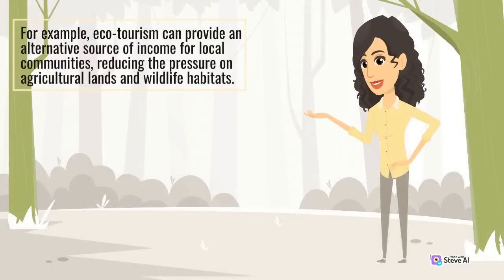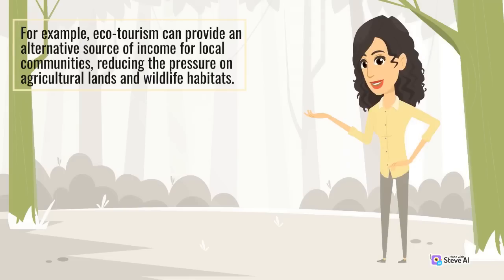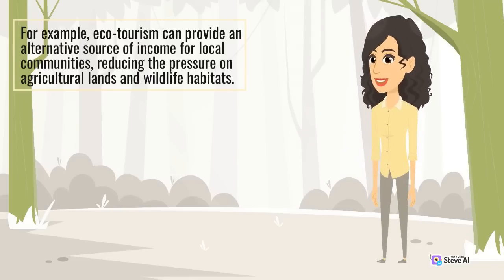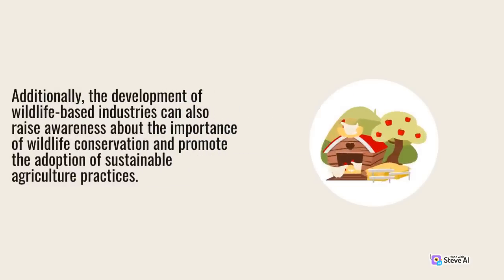For example, ecotourism can provide an alternative source of income for local communities, reducing the pressure on agricultural lands and wildlife habitats. Additionally, the development of wildlife-based industries can also raise awareness about the importance of wildlife conservation and promote the adoption of sustainable agriculture practices.